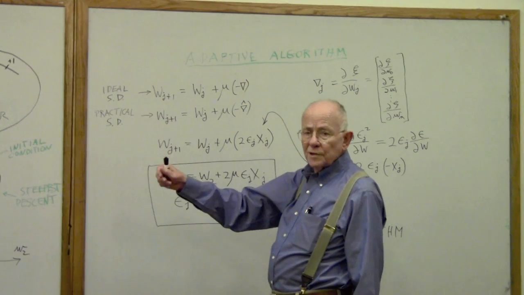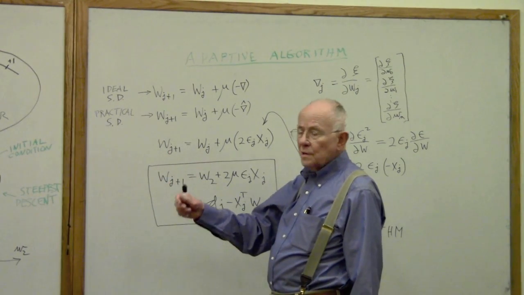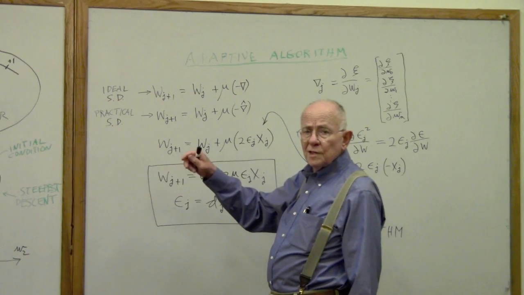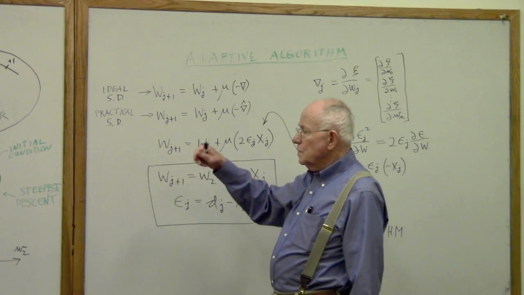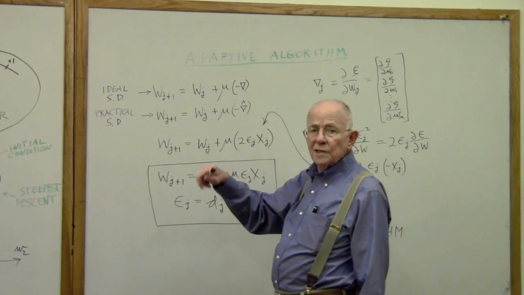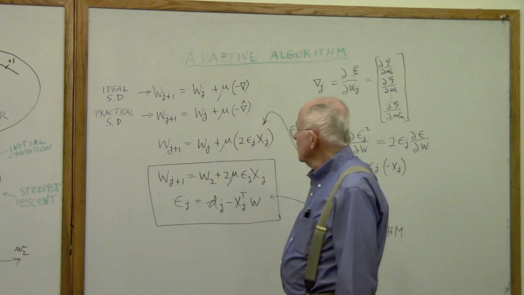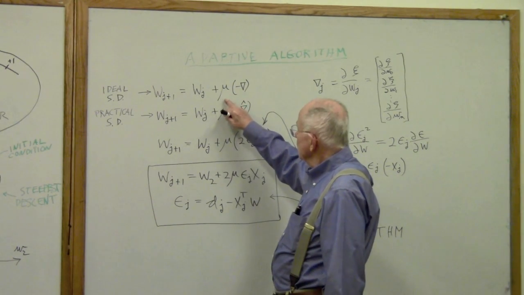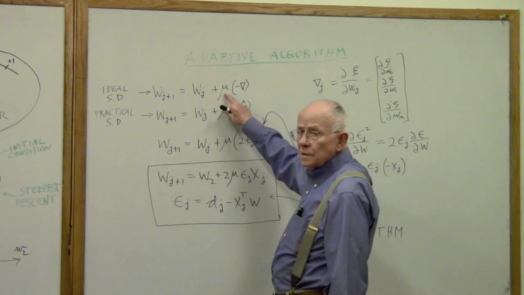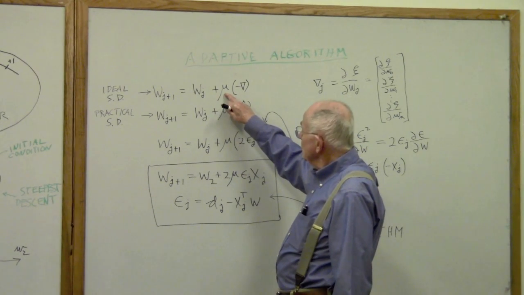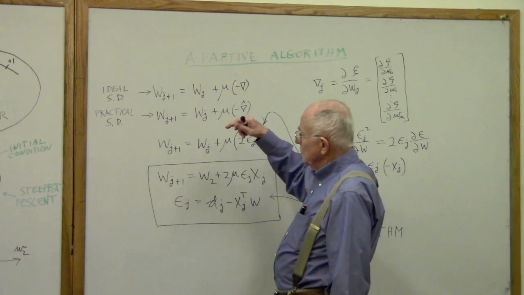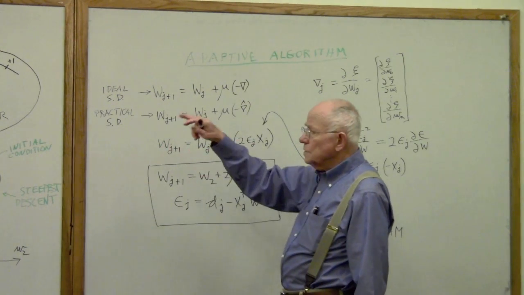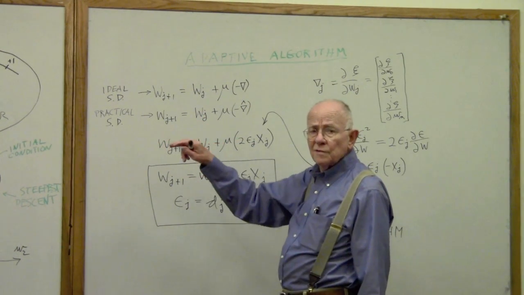If you went in the direction of the positive gradient, that would take you up, and every time you iterate, the mean square error would get higher and higher and the thing would blow up. So mu needs to be greater than 0, but it needs to be less than something. If you go beyond that, you'll take a jump so big that you'll go from one side of the bowl to the other and you'll be higher than you were in the first place.